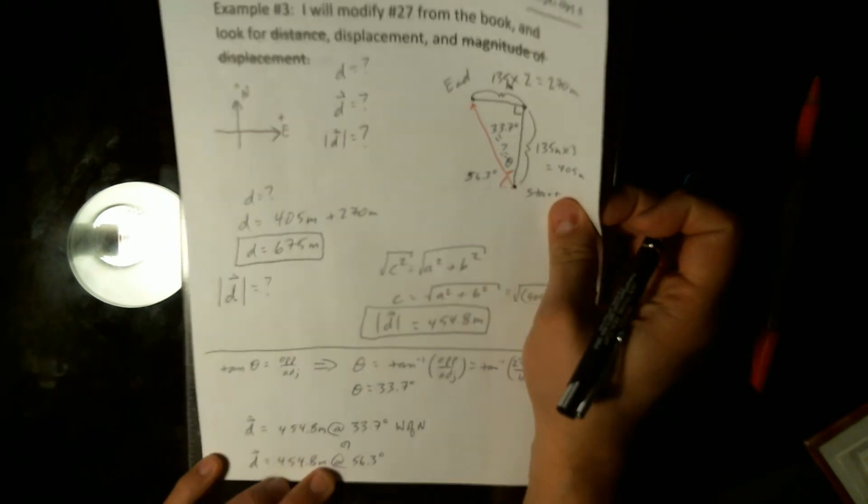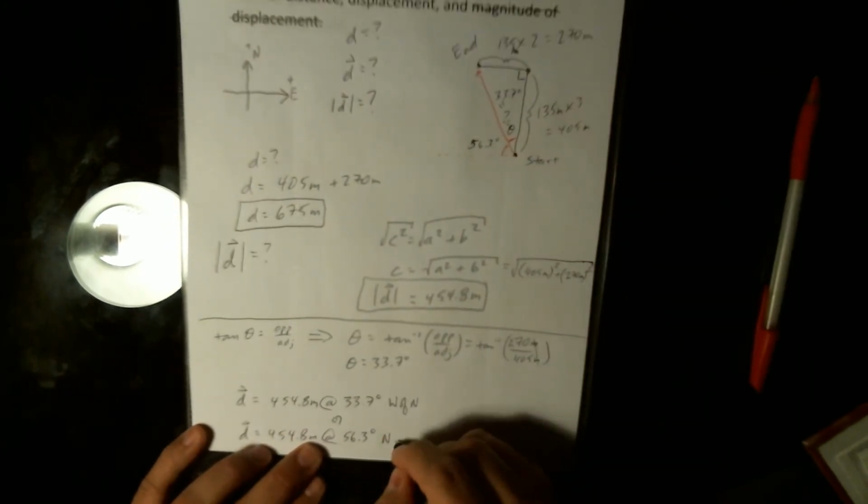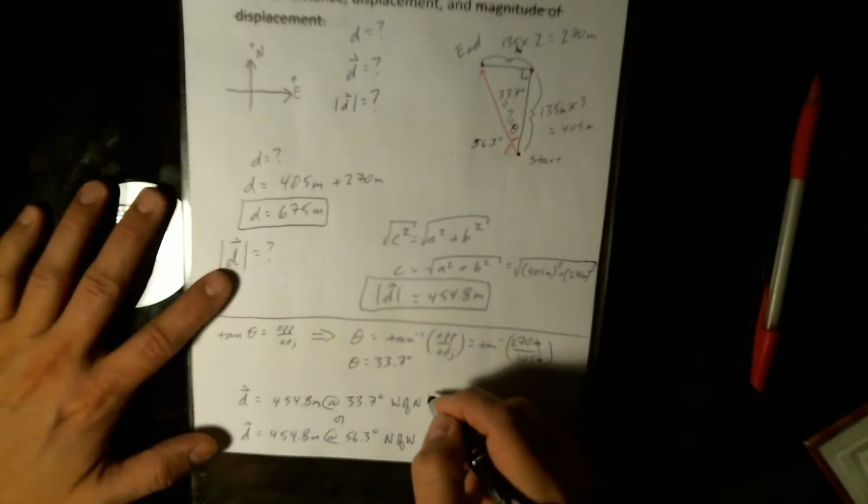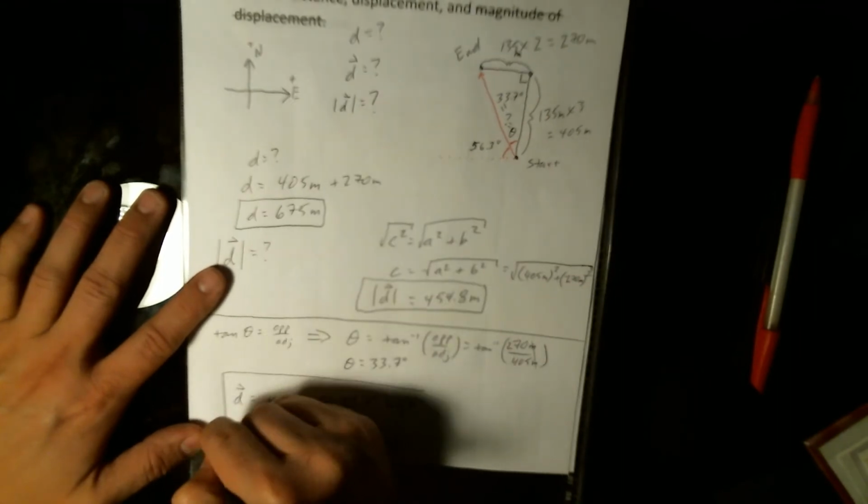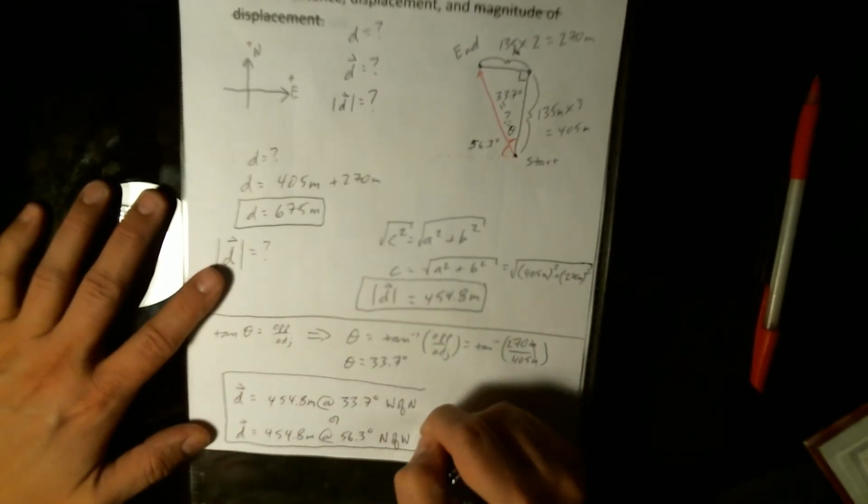So these are my two answers that are possible for the displacement. Both of them are correct. Neither of them is more correct than the other. All right, let's move on.